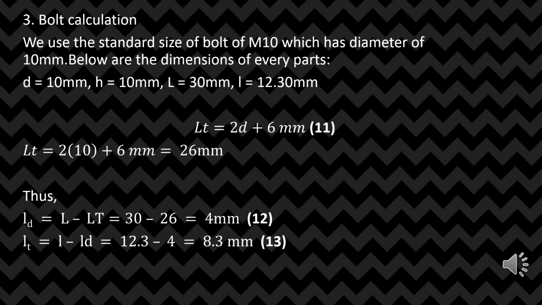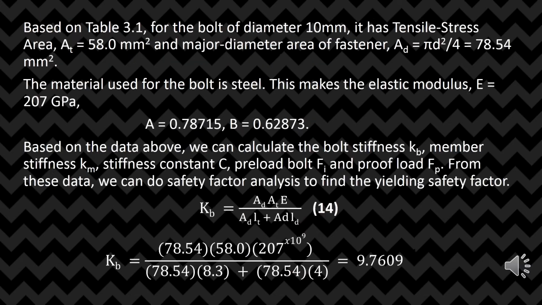For bolt calculation, we use the standard size of bolt, which is M10, and the diameter of it is 10 mm. Next, the tensile stress area and the major diameter of the fastener can be obtained from Table 3.1. Based on the data above, we can calculate the bolt stiffness Kb, member stiffness Km, stiffness constant C, preload Fi, and proof load Fp.